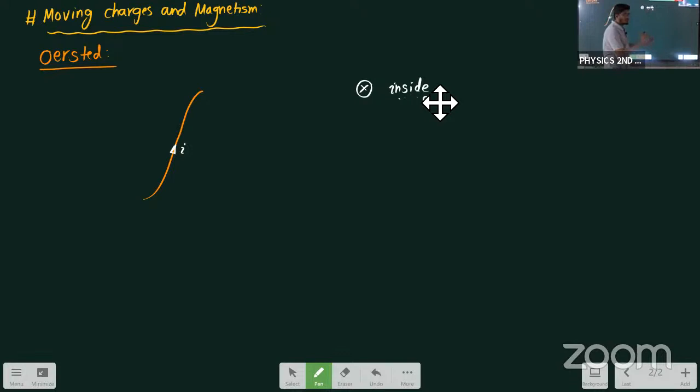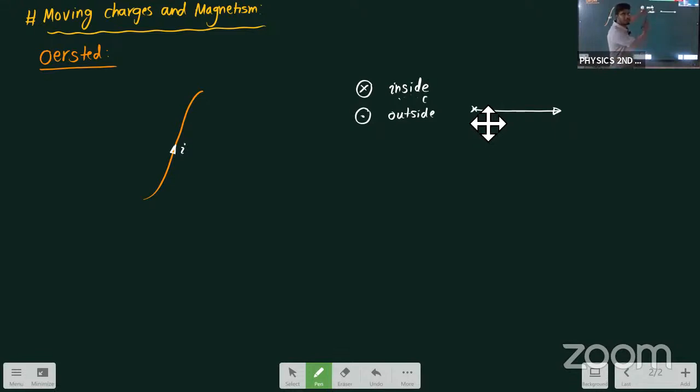If the magnetic field is coming outside, we'll be using a dot. This is used for magnetic field coming outside. It is just like an arrow. If you see the arrow, we'll have a pointed region, and at the back side of the arrow, we'll have a cross mark. If the arrow is going inside, we'll be able to see the cross mark.